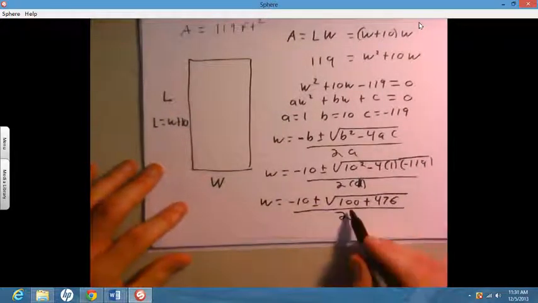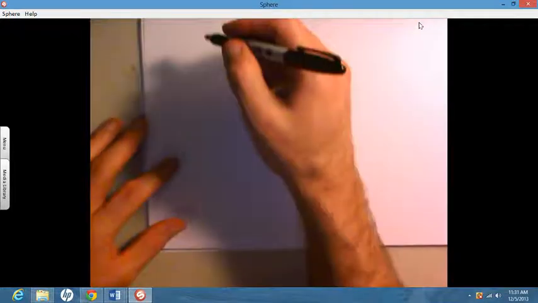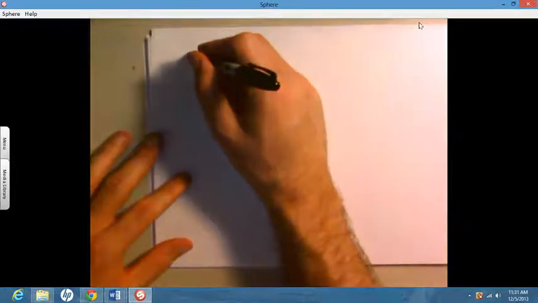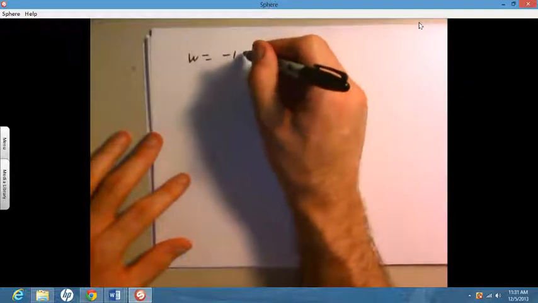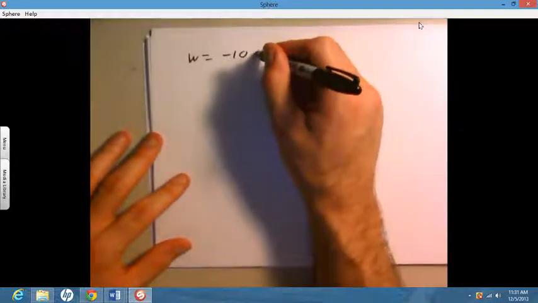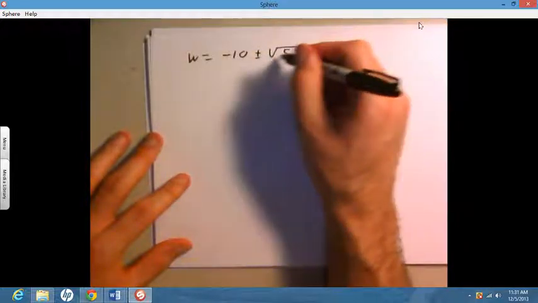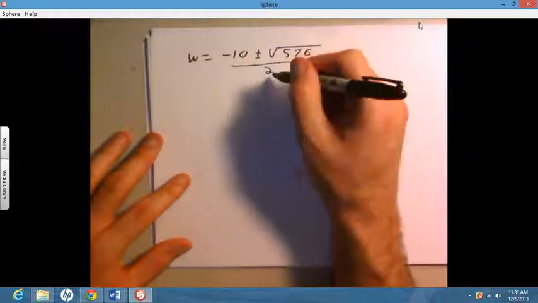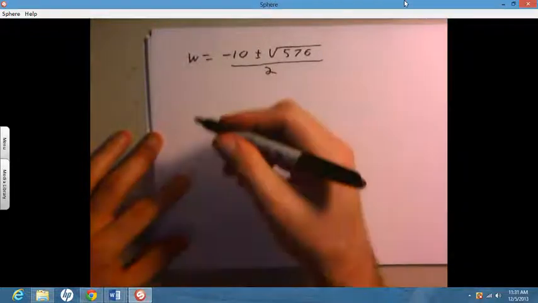And 100 plus 476 is 576. So w is equal to negative 10 plus or minus the square root of 576, divided by 2. Well, the square root of 576 is actually 24.